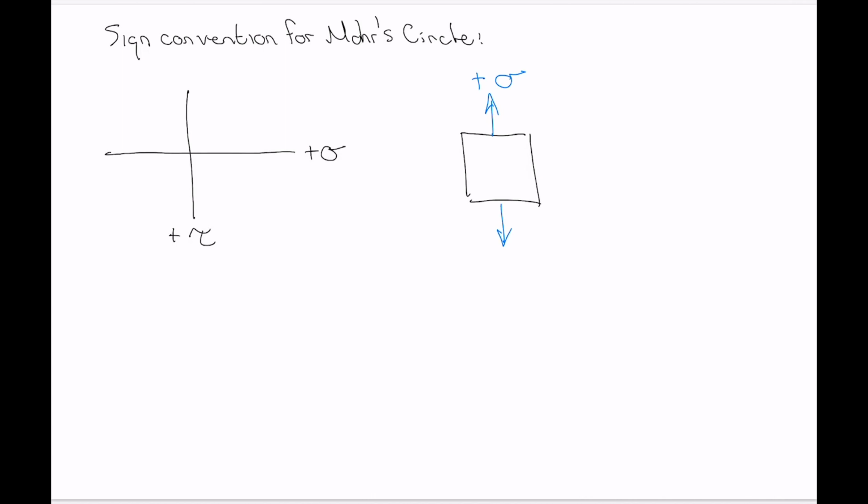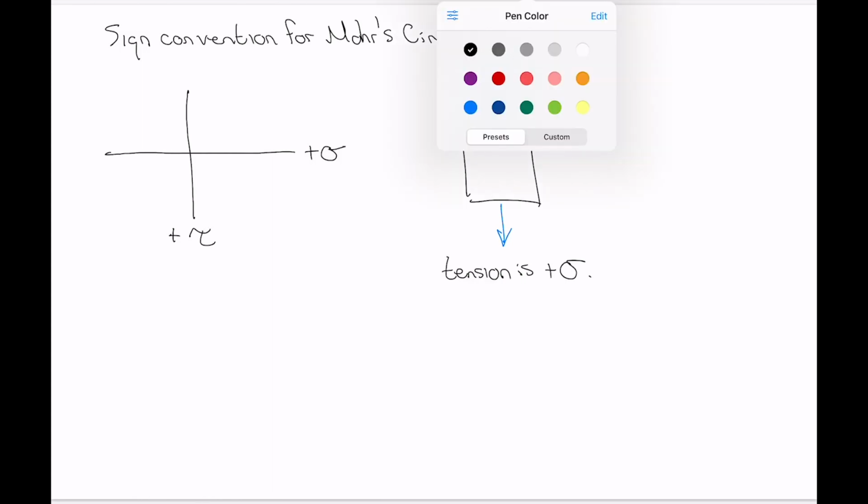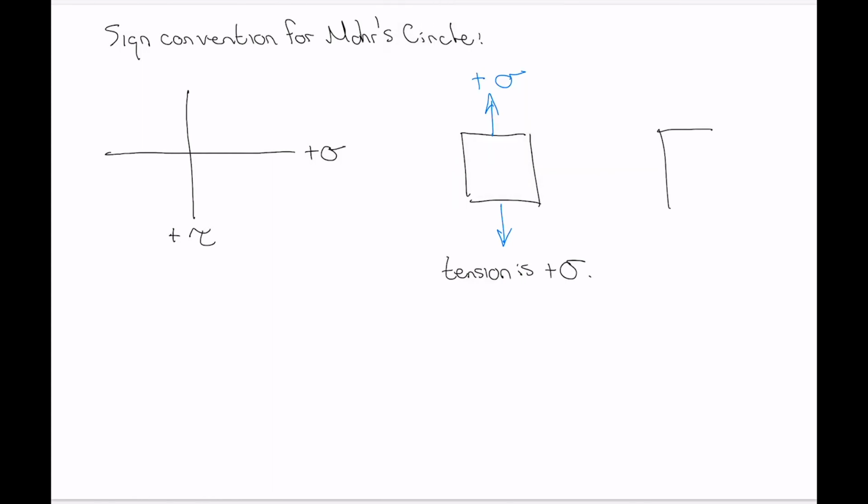Okay, so tension is positive sigma. And then, of course, if we had a compressive stress, that's a negative value of stress. Okay, so we've got compression is a negative value of normal stress.